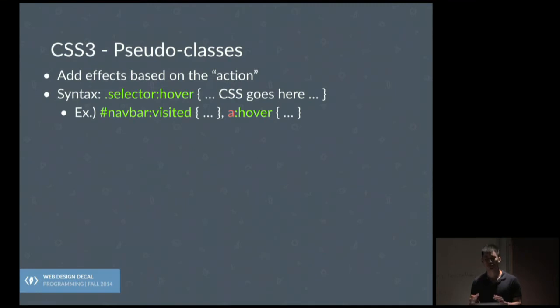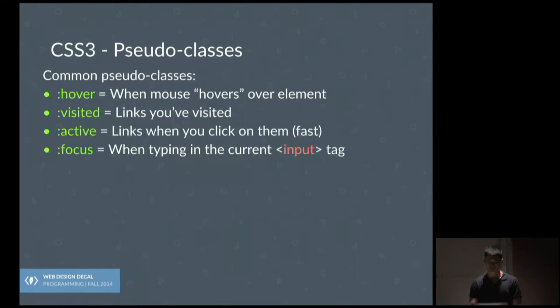So in addition to the hover pseudo-class, there also exists a visited pseudo-class. The syntax looks like this. Like I said, it's the standard whatever you would select, but then : and then the pseudo-class. Here are the really common ones, of which only hover is probably the most common one that you'll use, but there's also something called visited.